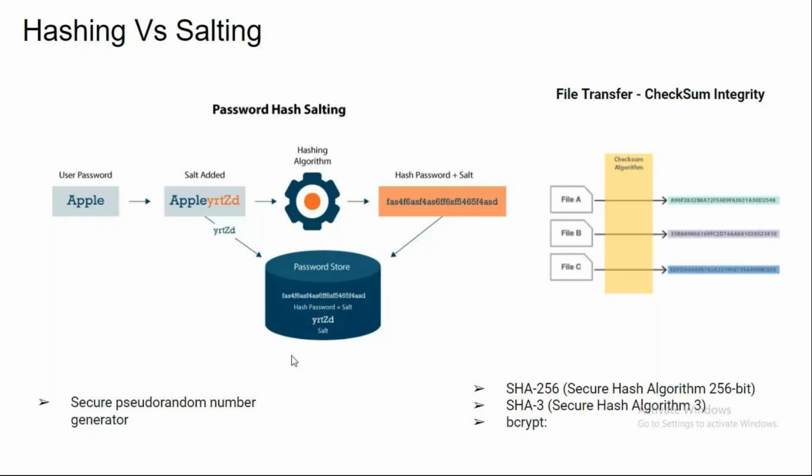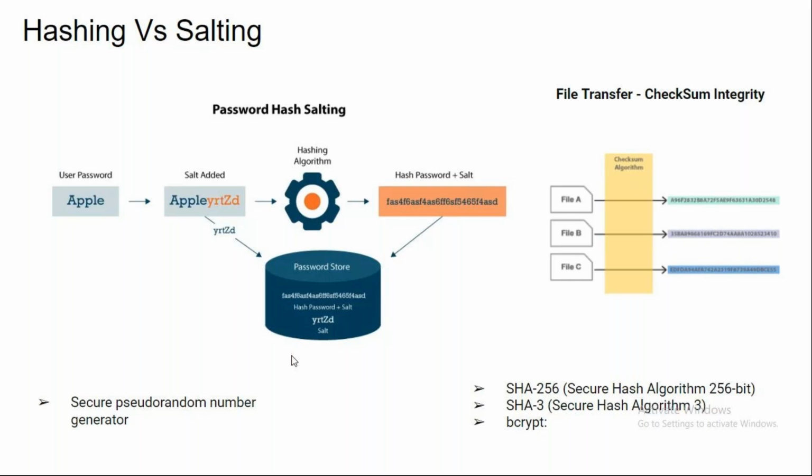Next time when I do a login, I enter my user ID and password, and it comes into the system. My login functionality on the server side will fetch the salt and add the salt to the password. Then that goes into the hashing algorithm, and the resulting hash is compared to check whether the password is correct or not.